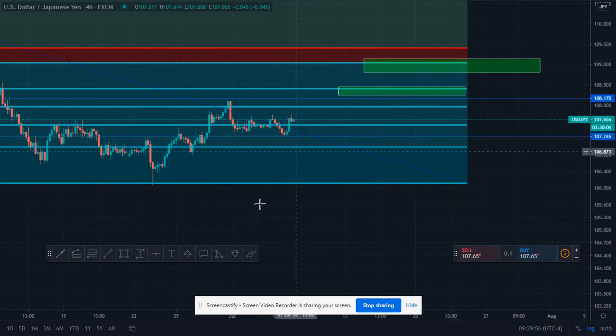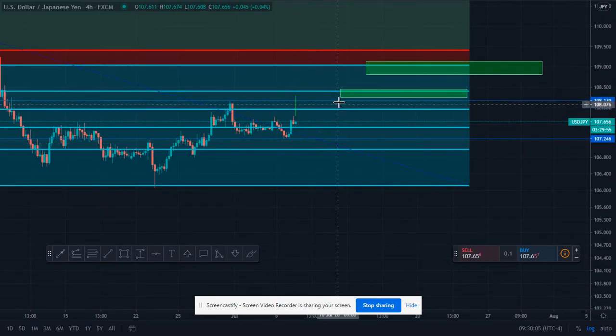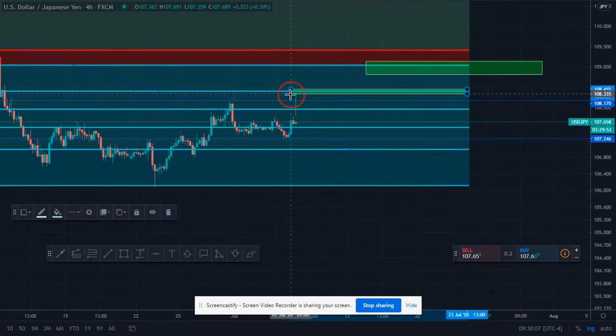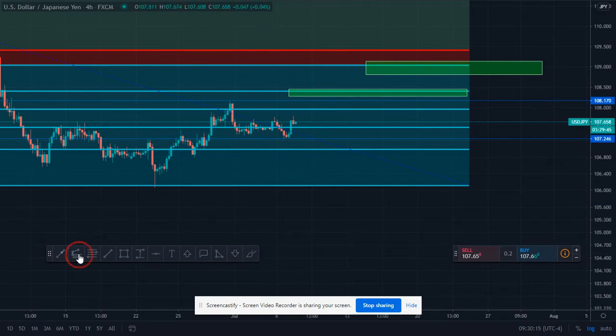You take the head to the neck and put it on top. Look at that. Let's drag this across so you can see it. Boom. Target. That's how you get the target on the head and shoulders. Some people like to use the fibs.